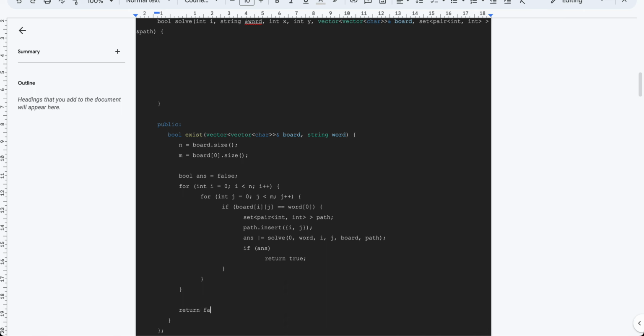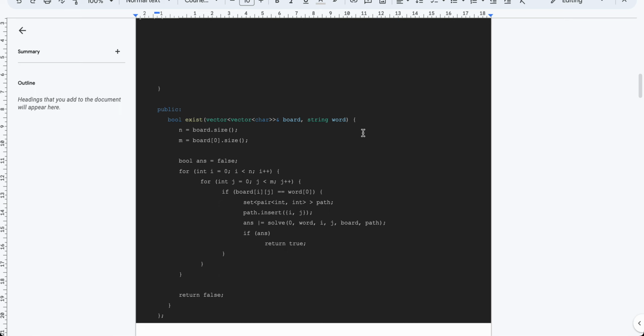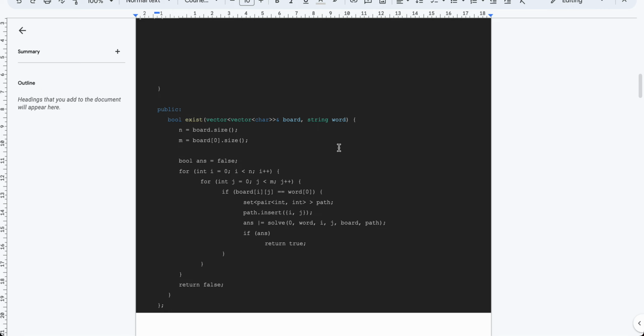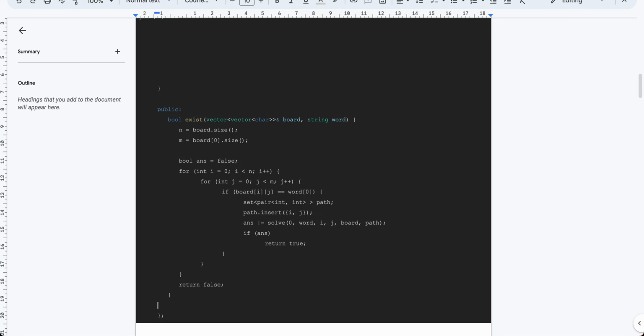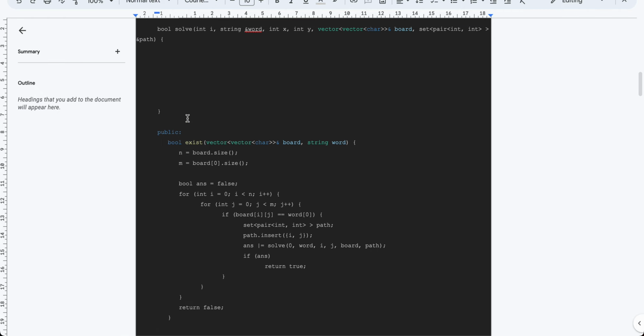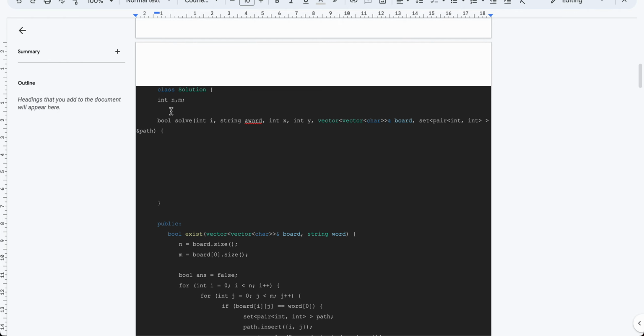Okay, bool exists, this is for exists. Okay, let's write the solve function.